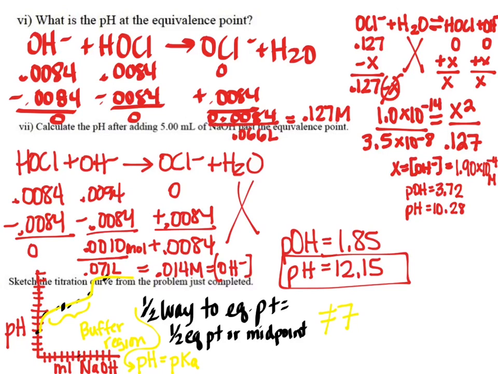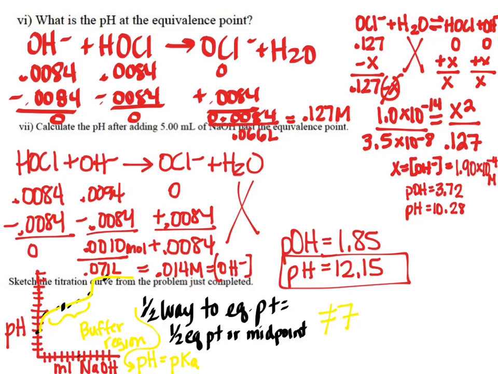Because our equivalence point was 10 something. Why is our equivalence point basic? Because it's a weak acid being titrated with a strong base. If we were to do a weak base with a strong acid, our curve would be opposite of what we're seeing right now.